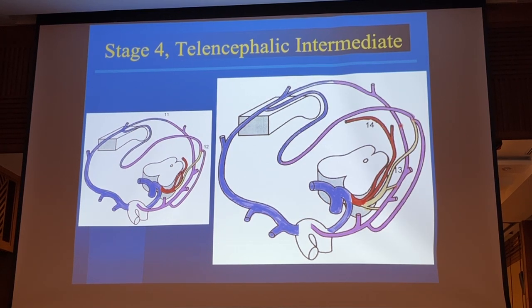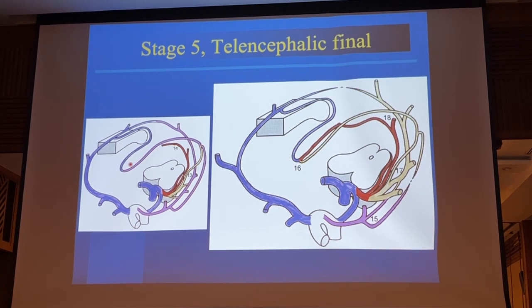The anterior choroidal artery system still has some telencephalic supply, which also anastomoses with the telencephalic branch of the anterior cerebral artery, with continuing connection in the region of the internal cerebral vein origin and interventricular foramina, the Monro region. This is stage 4.